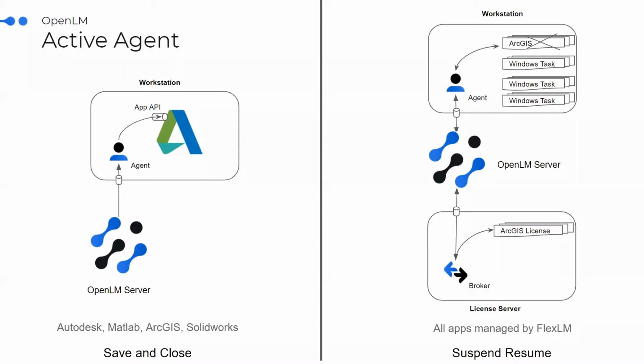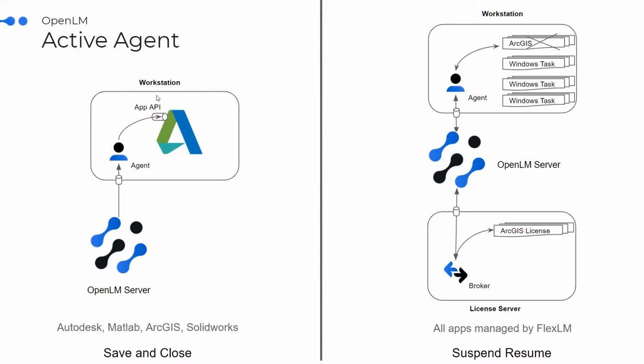Now, what does that mean and how does it work? Basically, the OpenLM server will tell the agent to talk to the API of the application itself and ask it to please save and close the work.